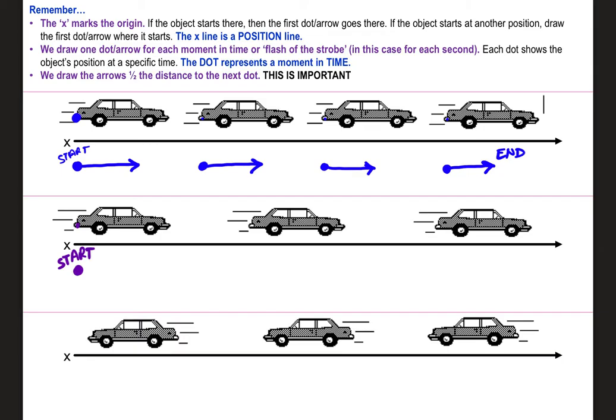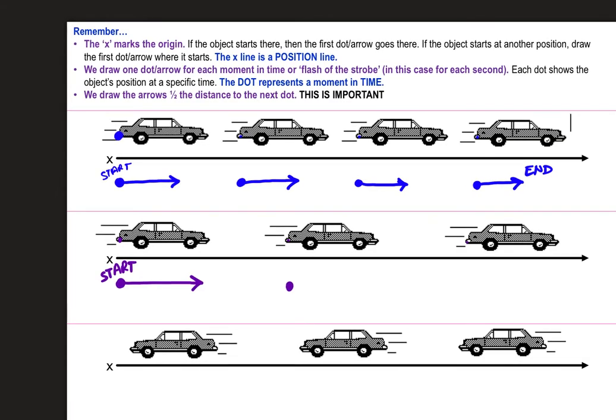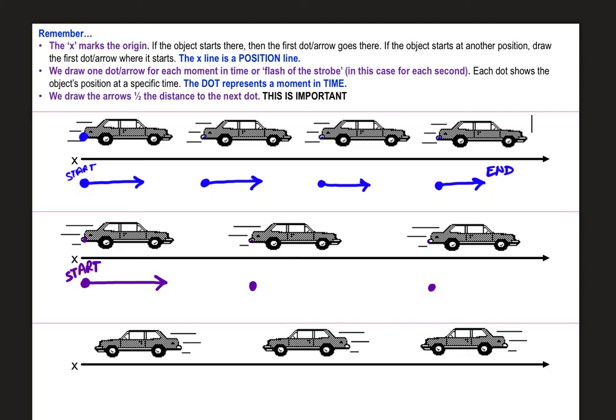I'm going to go to the next moment in time. There's my bumper. I'm going to draw my dot. And my arrow goes about halfway. I'm going to go to the third moment in time. I'm going to locate my bumper and bring it down here. And I'm going to bring this over halfway. And then I'm just going to continue that arrow like it was.